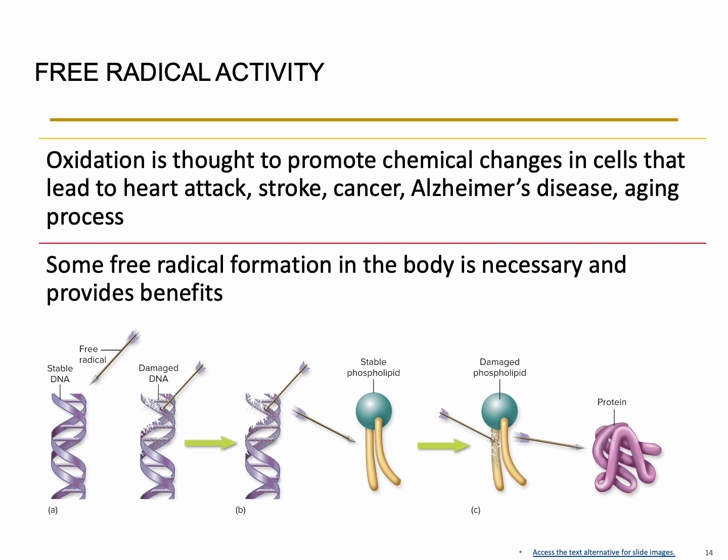And the process of oxidation, free radical activity, is thought to be part of what creates loss of organ function and general deterioration of the body that we associate with aging.